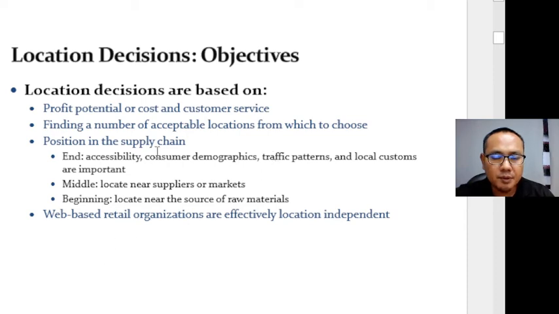So they are based on profit potential, of course, and customer service, and finding a number of acceptable locations from which to choose. Position in the supply chain: web-based retail organizations are effectively location independent.